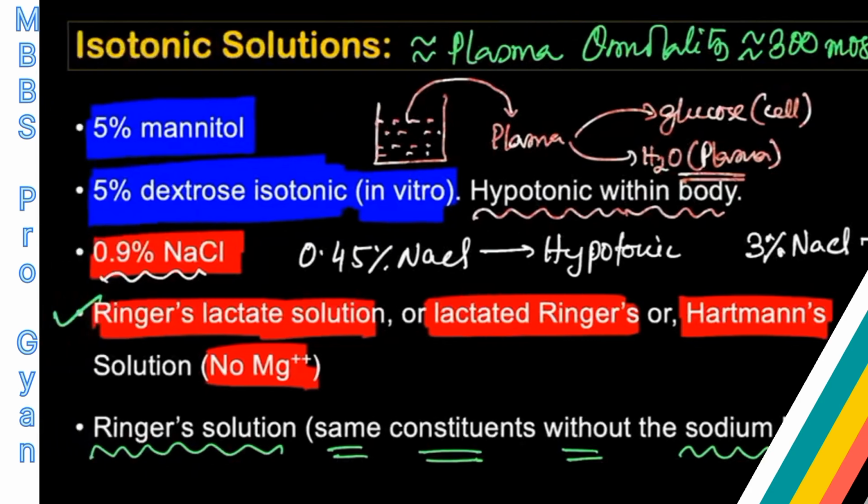So now we are going to discuss this Darrow-Yannet diagram, how this Darrow-Yannet diagram will change in different types of fluid gain or fluid loss. So take one example. Suppose the first example is gain of isotonic fluid.